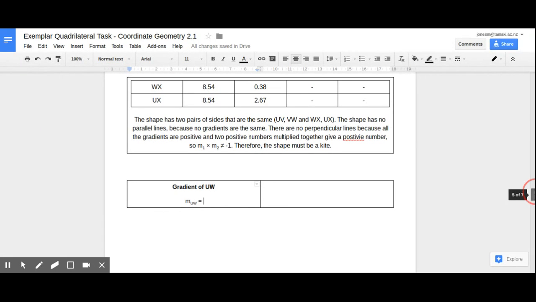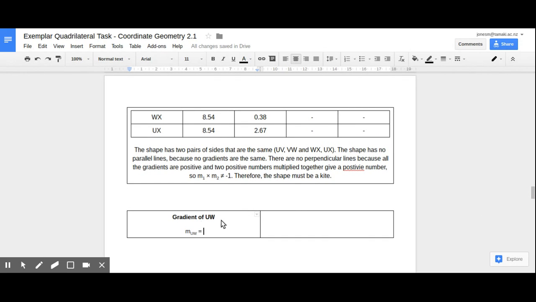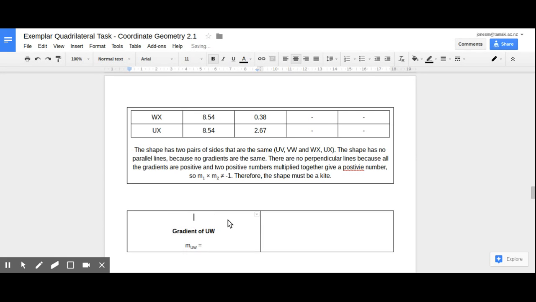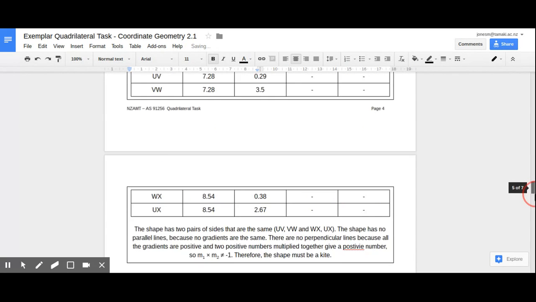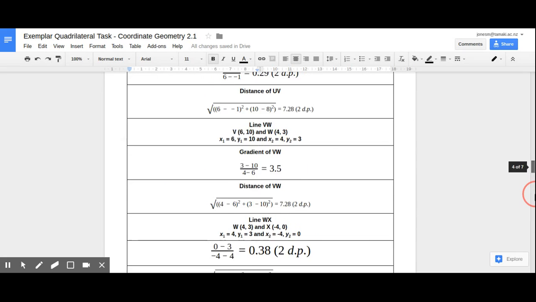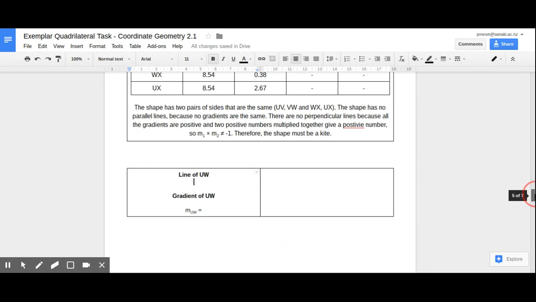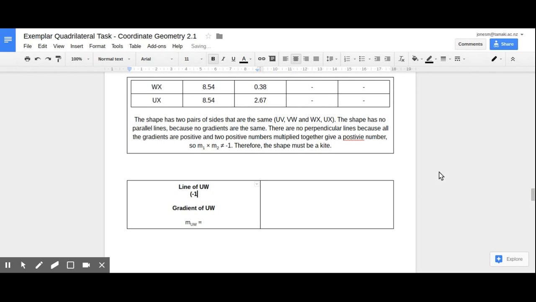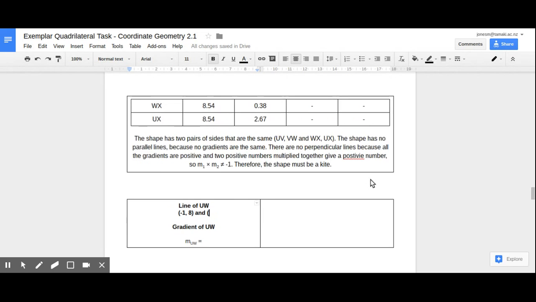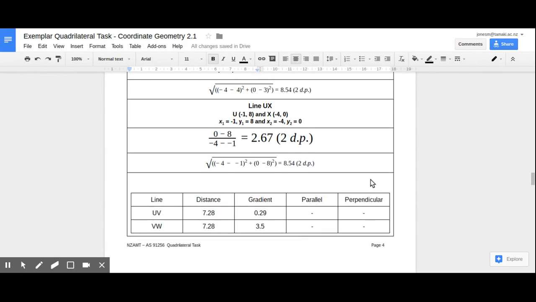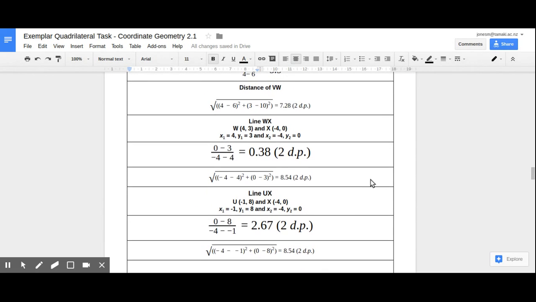let's put our formula in, actually. Gradient of UW, so let's go again, line of UW, so U is (-1, 8), and W is (4, 3).